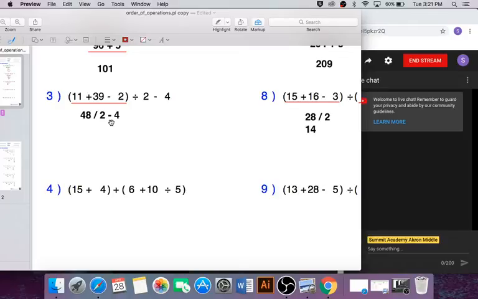So now we have division and subtraction. We use our order of operation rules. First thing we're going to solve now is our division. So we're going to have 48 divided by 2 is 24. 24 minus 4. And then 24 minus 4 gives us 20.